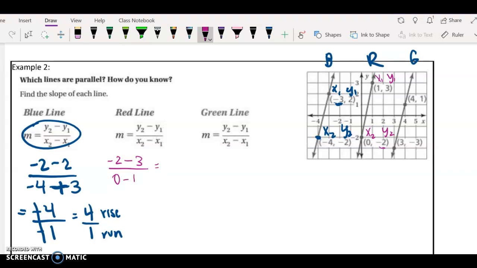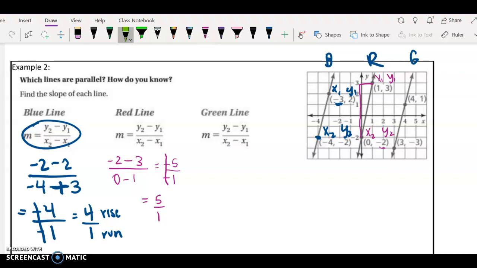So -2 minus 3 is -5, and 0 minus 1 is -1, and these negatives cancel because -5 divided by -1 is positive. A negative divided by a negative is always positive, so we get 5 over 1. That means I rose 5, 1, 2, 3, 4, 5, and ran 1.